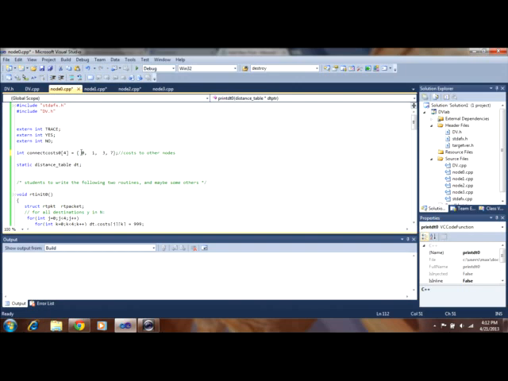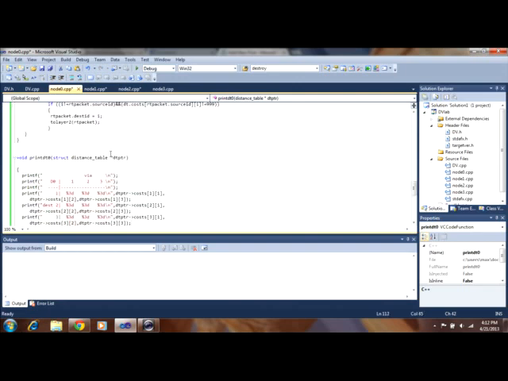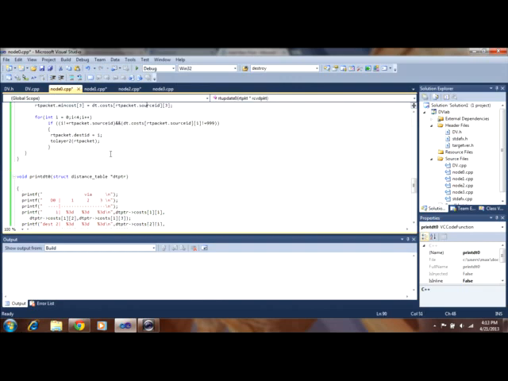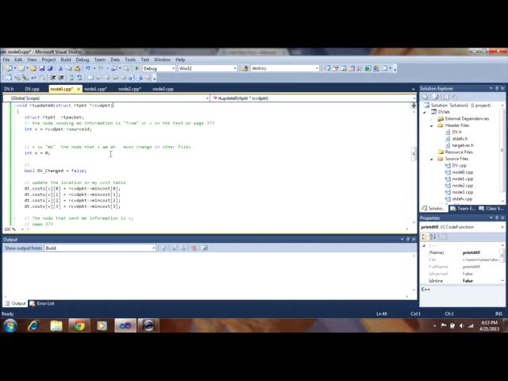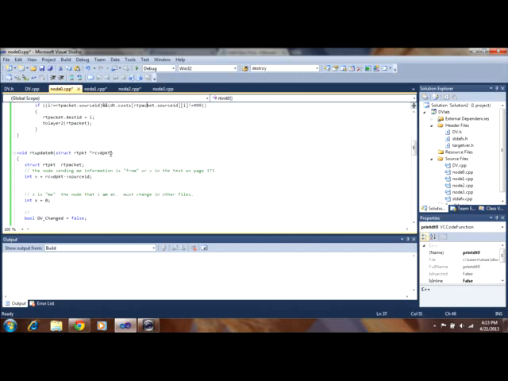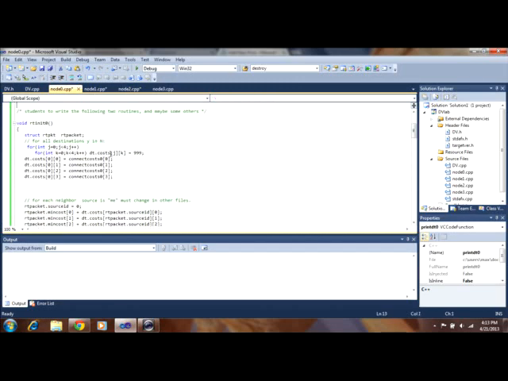For example, this is node 0, so it costs 0 to send to itself, 1 to send to node 1, 3 to send to node 2, and 7 to send to node 3 originally. Now that'll update as we go because of the way this program is going to work. It's going to try to find the best routing possible.